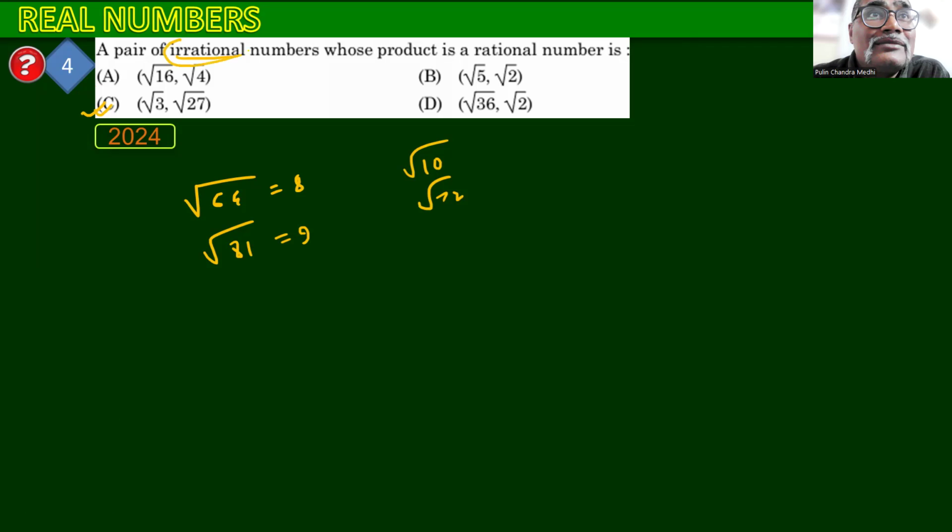They are saying irrational numbers, right? So these are not irrational; they are rational numbers. So the product of rational numbers is obviously rational. So these are the two irrational numbers whose product is a rational number. So you see, in a hurried manner, you might mark A also. Be very alert about that.